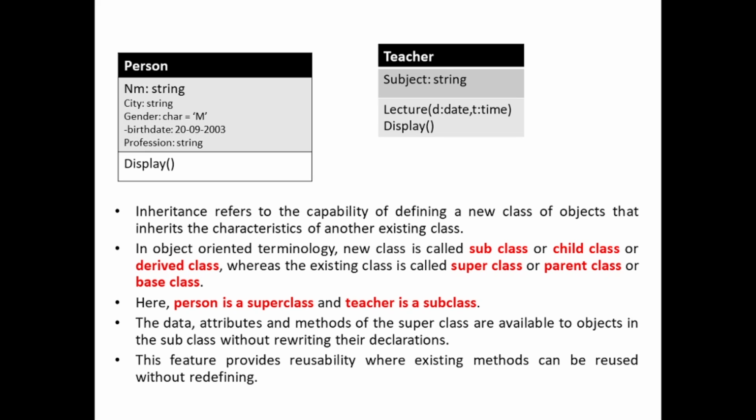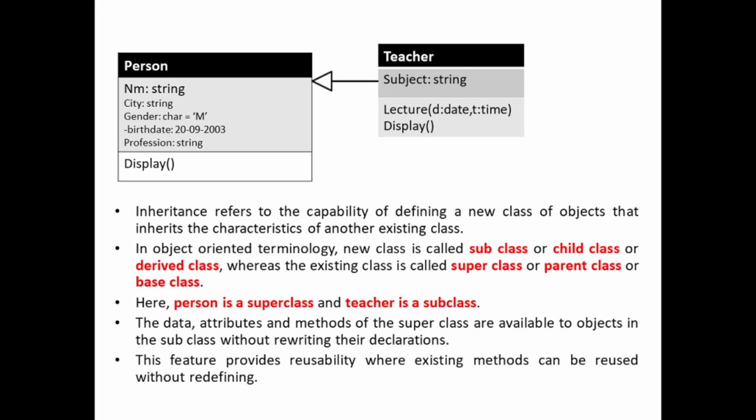So here you can see two classes, person class and teacher class. To display inheritance, we can use a triangular sign pointing towards the person, meaning superclass. So here person is a superclass and teacher is subclass.